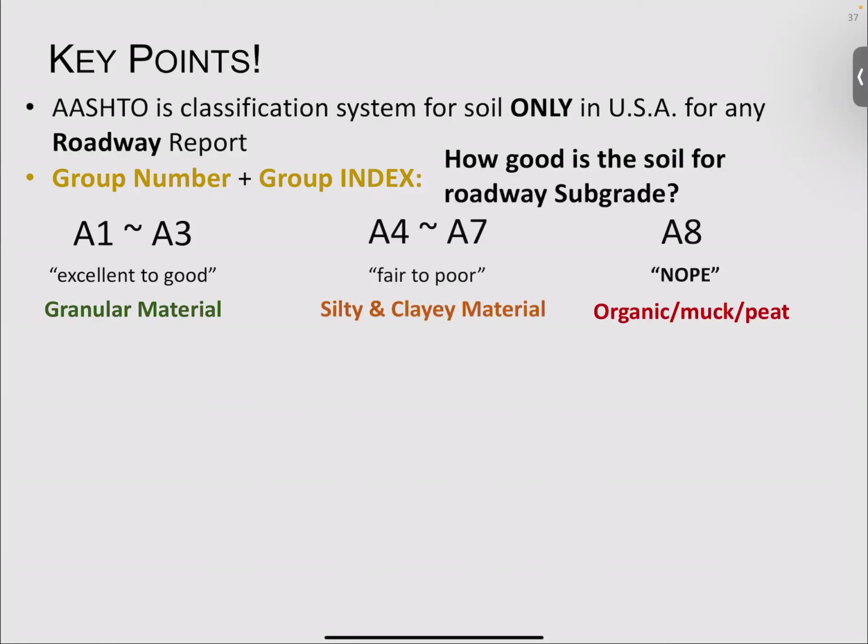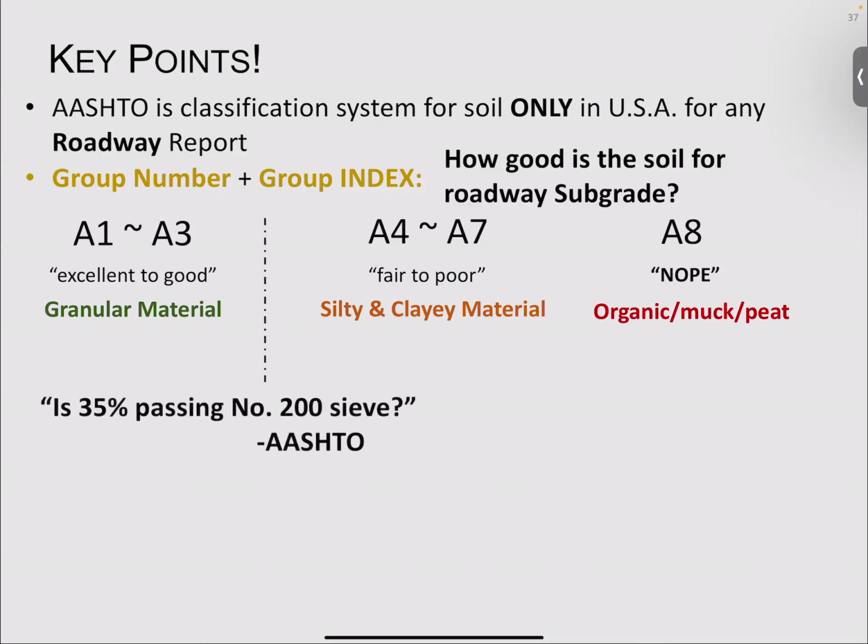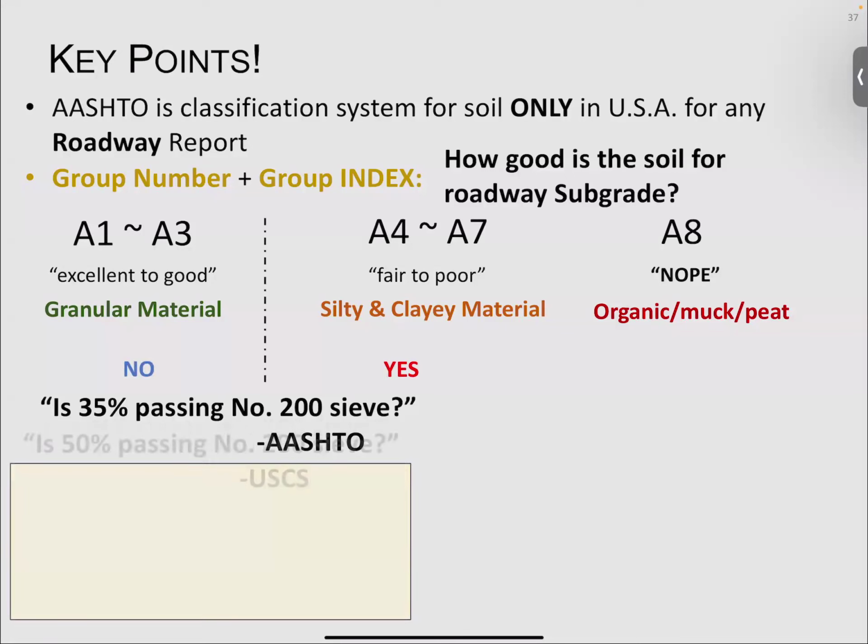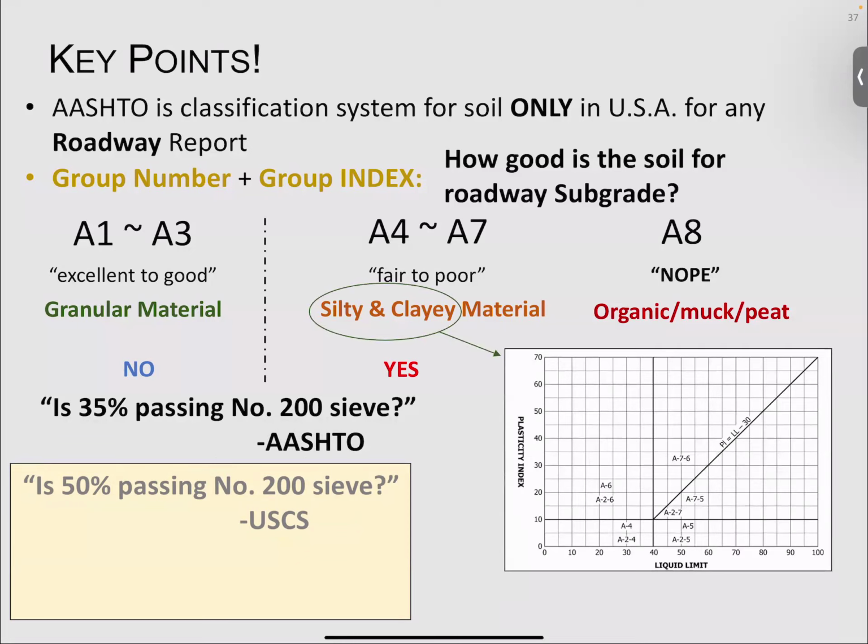So general trends again there. The key difference is that 35% passing in AASHTO, whereas for the USCS, they are saying 50% is distinguishing between granular and other material, so silt and clay. So for AASHTO, if it's a silty or clay material, then we use that plasticity chart. And remember, those plasticity charts are different between the two there.